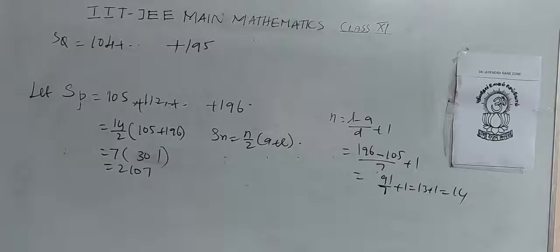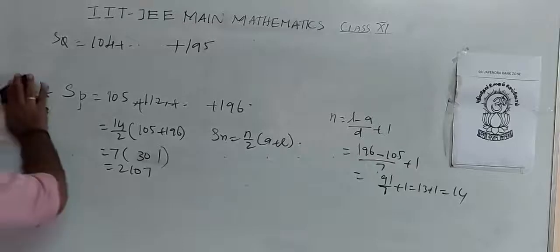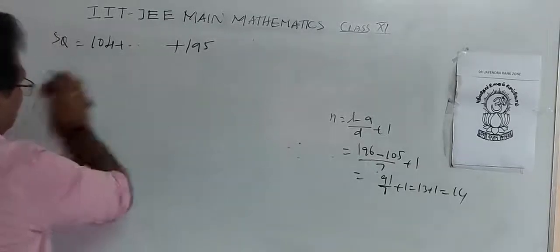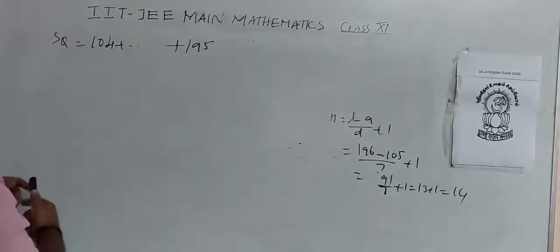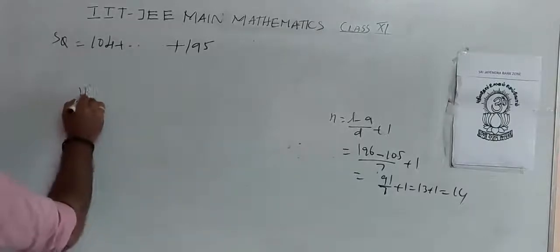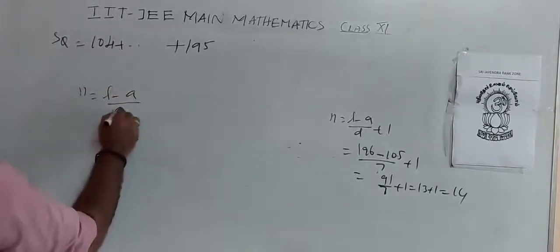Here SQ is 104 to 195. We have to find how many terms there are, again using n equal to (L minus A) by D plus 1.